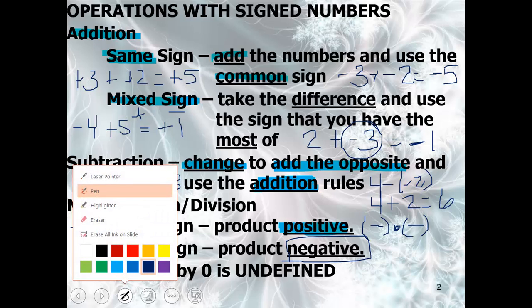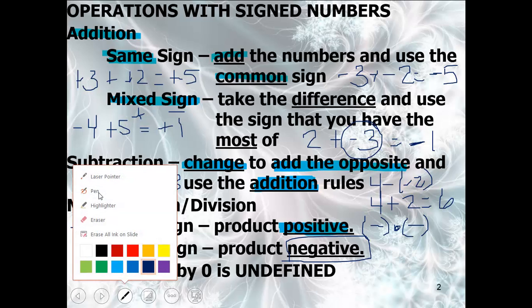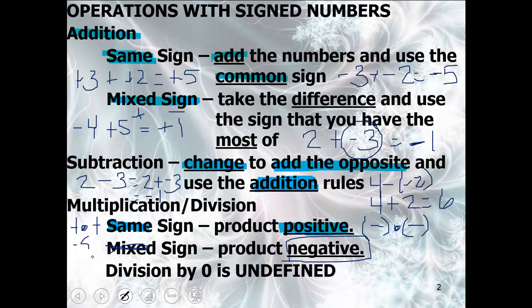So negative 5 times 2 gives me a negative 10. If I have negative 10 divided by 2, that's going to give me a negative 5.